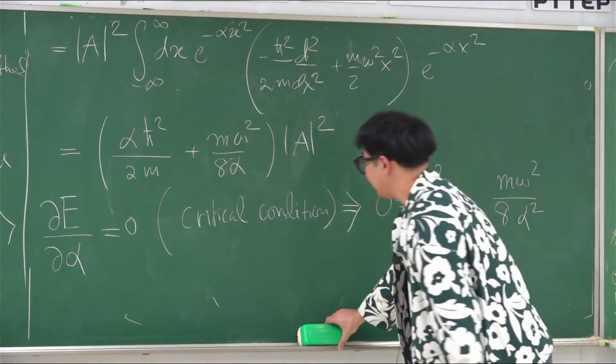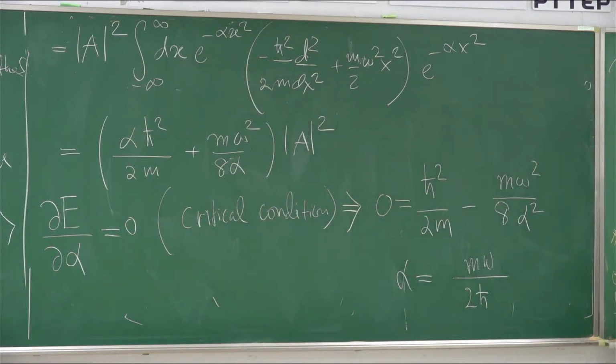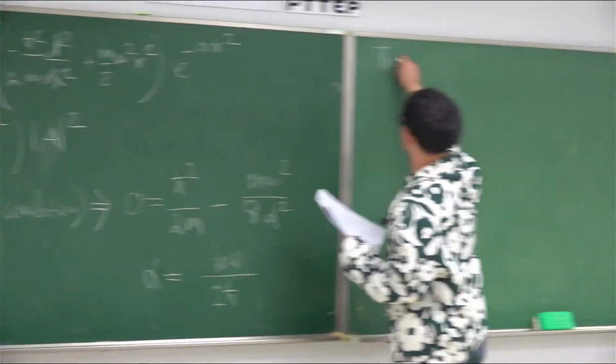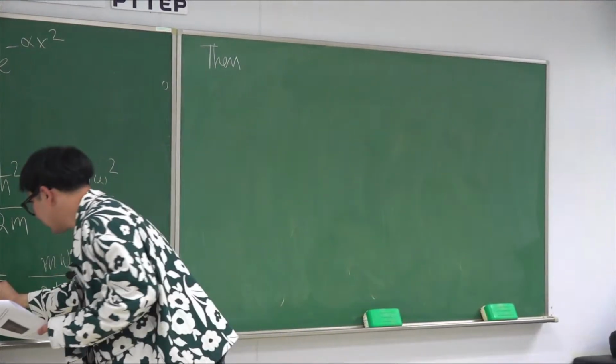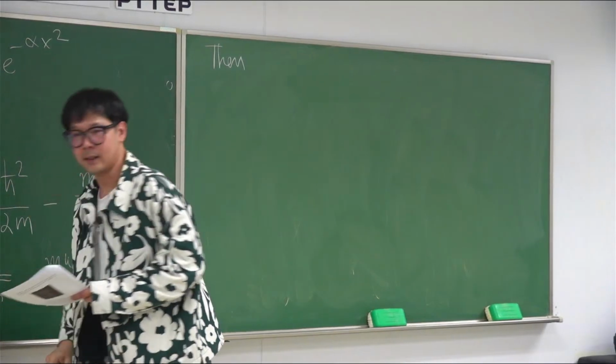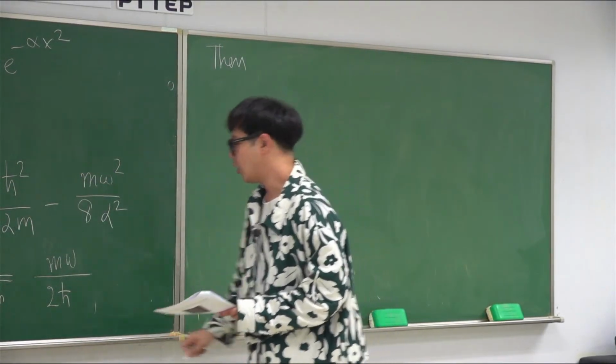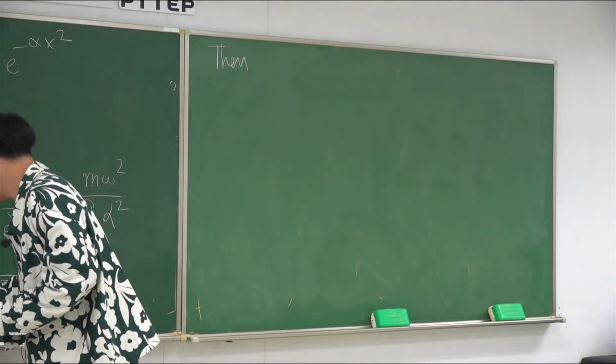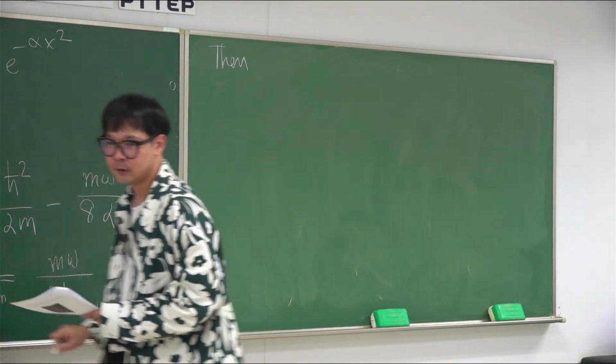Okay, let's see. Once you get this alpha, you're going to plug it back into that equation. Then I would say this is the minimum, or you could call this C, critical, okay?